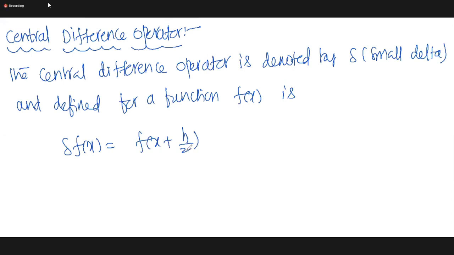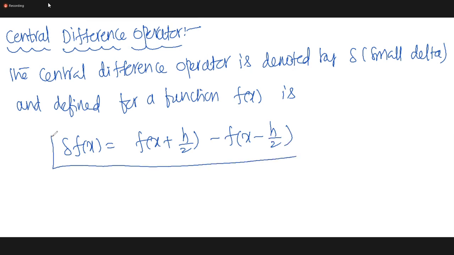minus f of x minus h by 2, for h greater than 0.